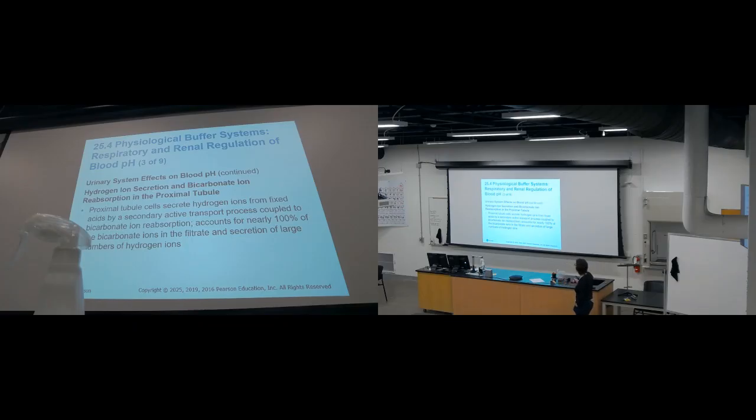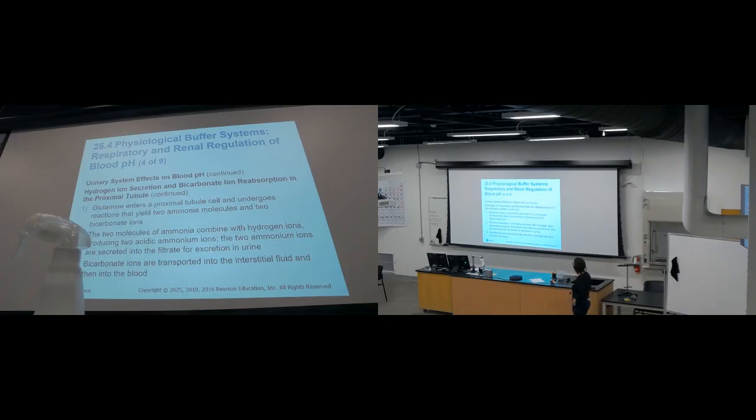And then hydrogen ion secretion and bicarbonate ion happens in the PCT, proximal convoluted tubule. And then something that happens during this process is you have a molecule that's called glutamine that enters the PCT and then undergoes a reaction that yields two ammonia molecules and two bicarbonate ions. So now the ammonia is going to combine with the hydrogen ions and produce ammonium.